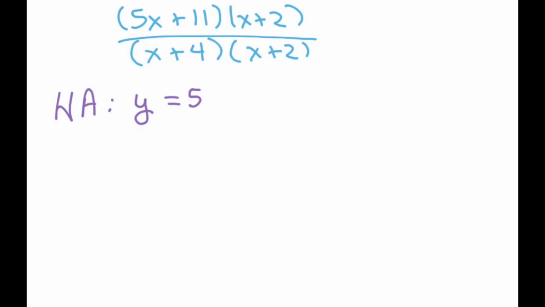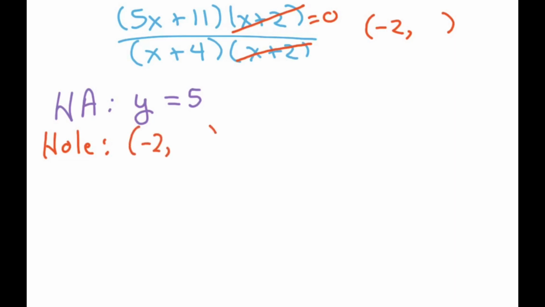Next, we have to do holes. Okay, so the hole is right here. You have 2 factors, one in the numerator and one in the denominator that can cancel out. You have a hole at x equals -2. That's your x, because you set this to 0. So we do have a hole at (-2, something). And I'm going to put my -2 into my reduced equation to see what my y is.